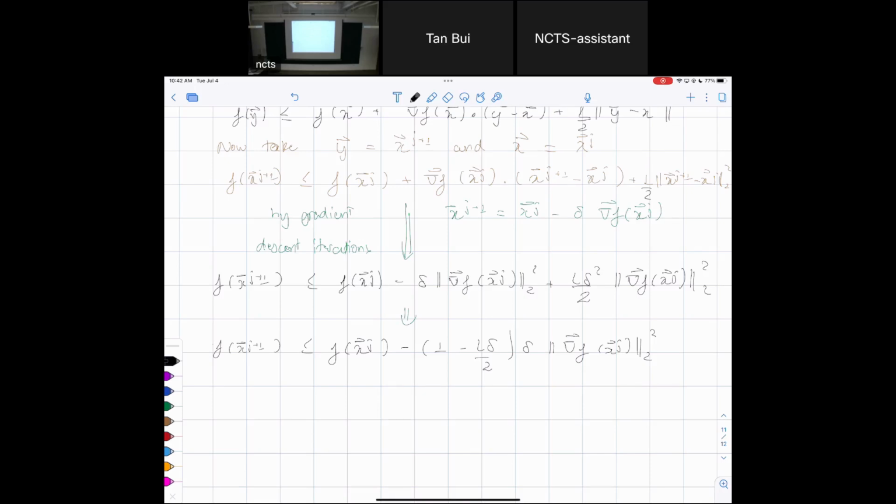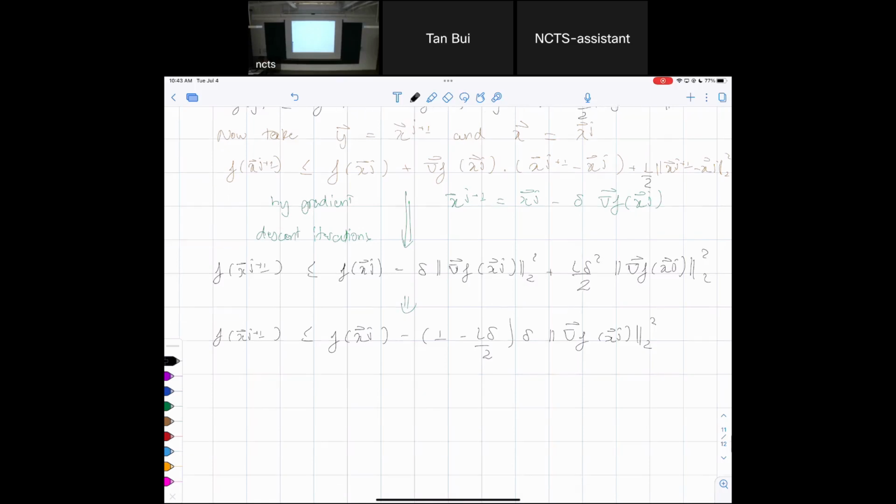Everybody see that? I just combined these two terms and factored delta out. On purpose, I factored a minus delta out of these two terms. Hopefully I don't make any mistake.